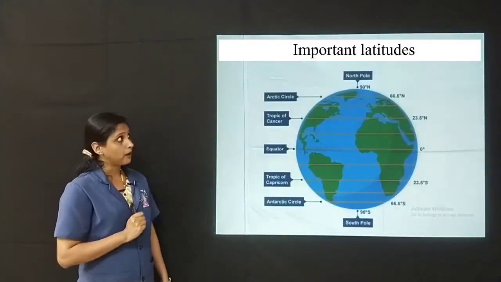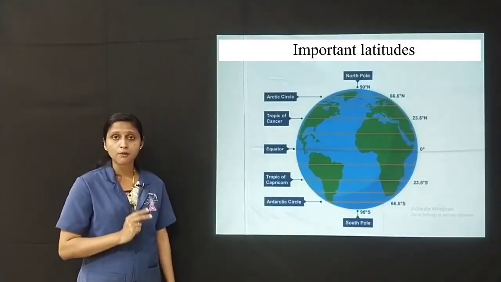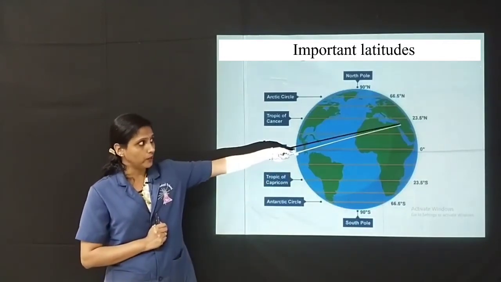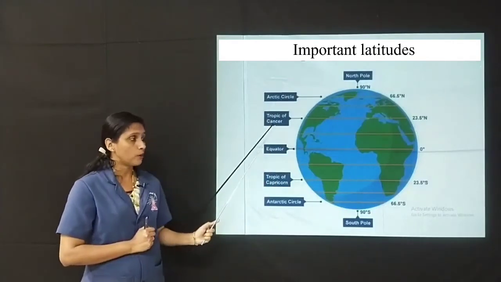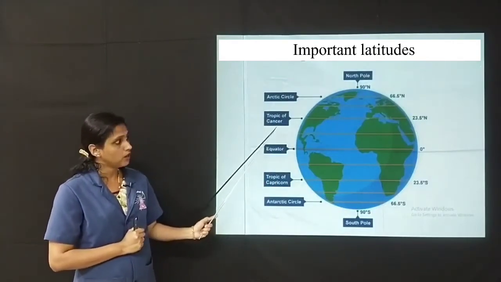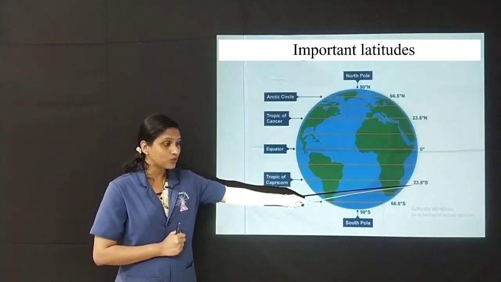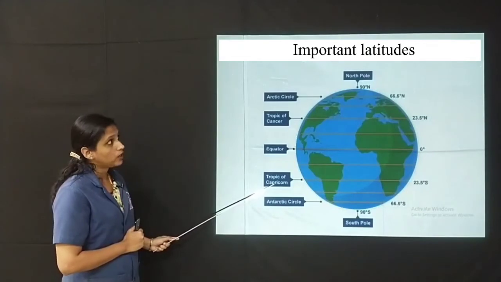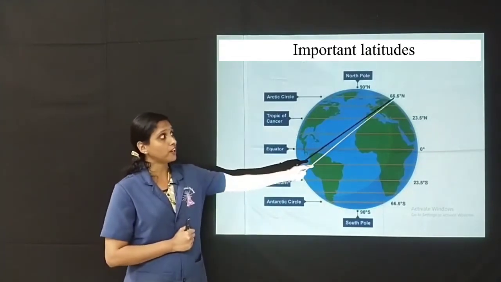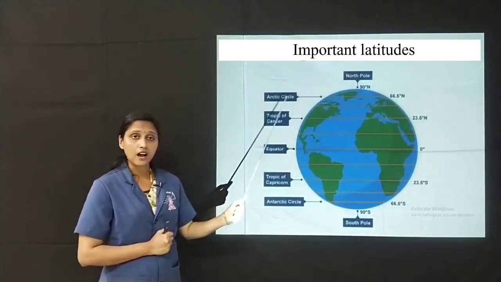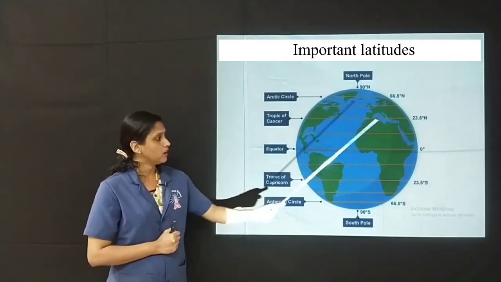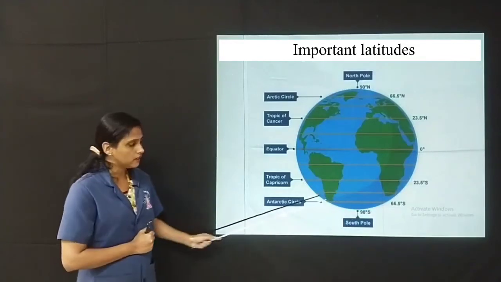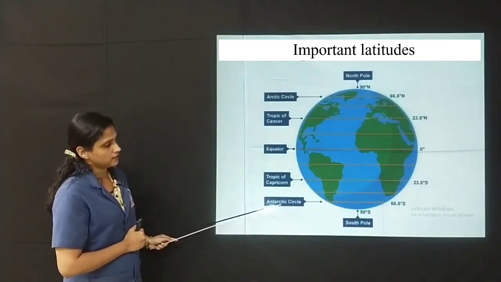Now let us learn about important latitudes. Some of the important latitudes are: 23.5 degree north latitude is Tropic of Cancer. 23.5 degrees south latitude is Tropic of Capricorn. 66.5 degree north latitude is Arctic Circle, whereas 66.5 degrees south is the Antarctic Circle.